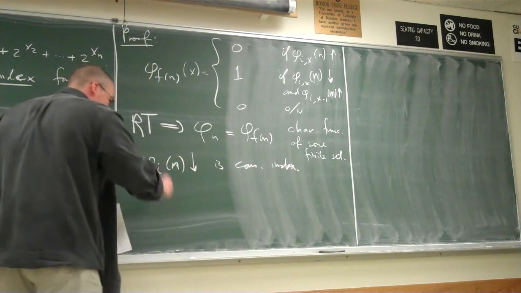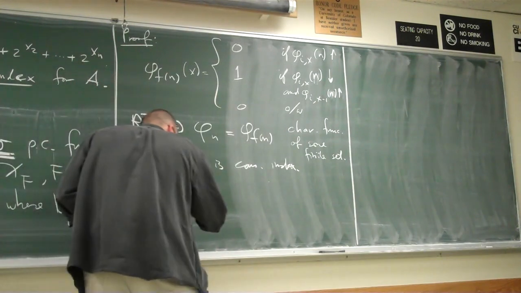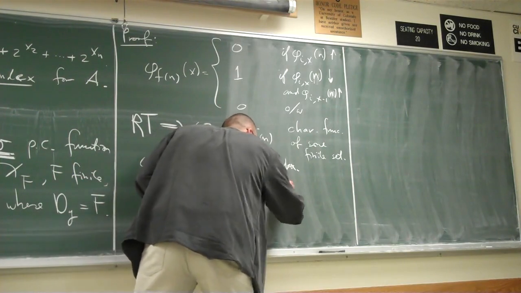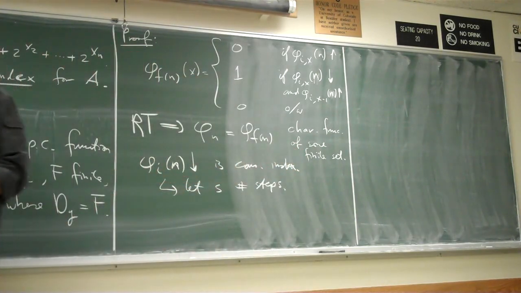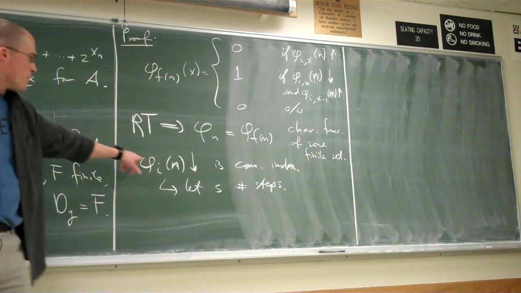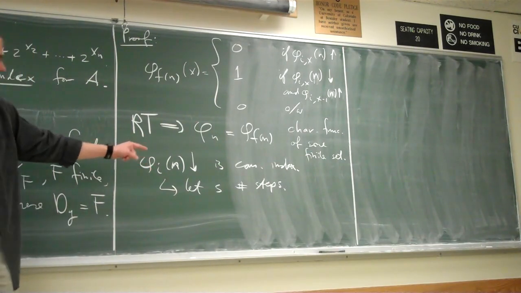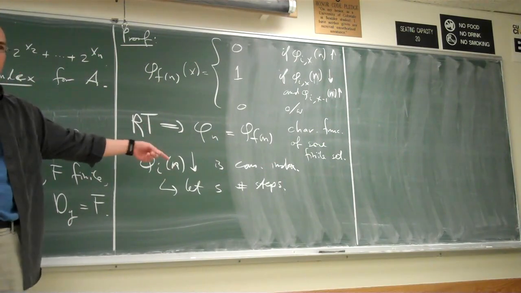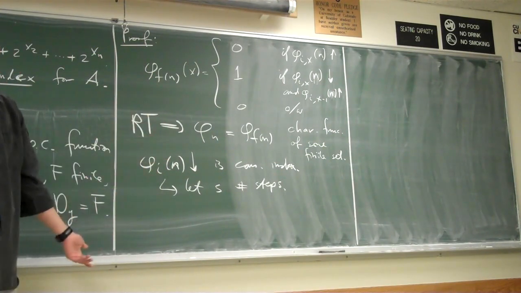So this converges, and we can let S be the number of steps it took to converge. Right? So what does this mean? Our computation phi I on input n converges after exactly s steps.